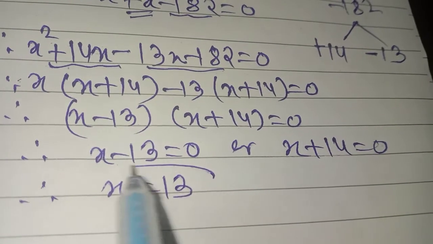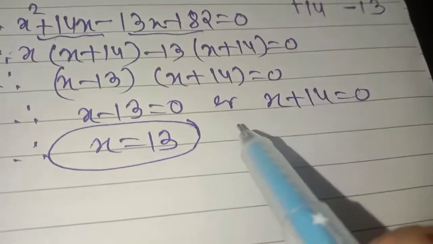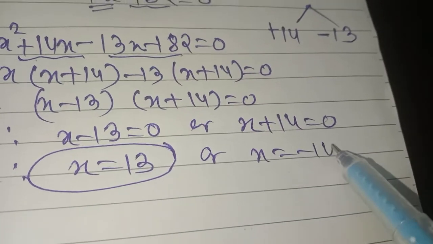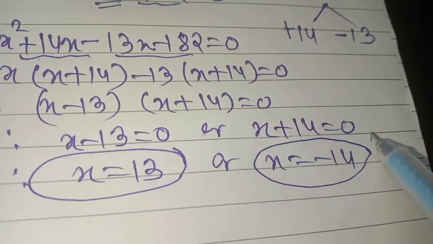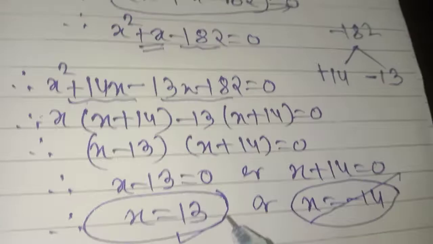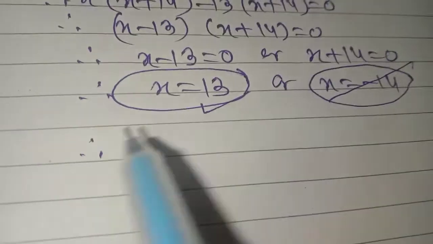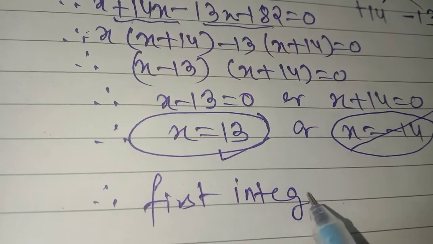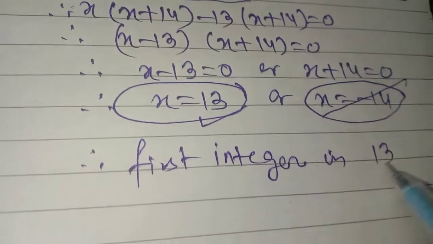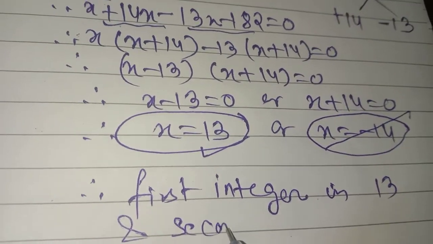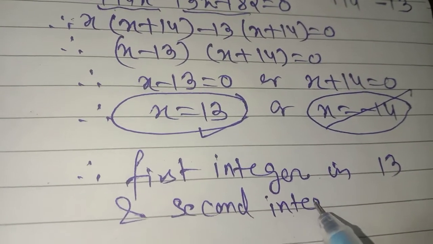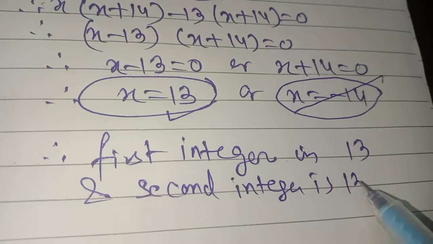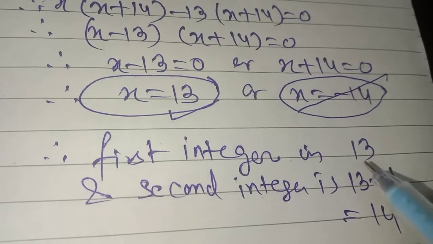So x is equal to 13, one positive value, and x is equal to minus 14, a negative value. We have to ignore the negative value and go for the positive one. Therefore the first integer is 13 and the second integer is 13 plus 1 is equal to 14.